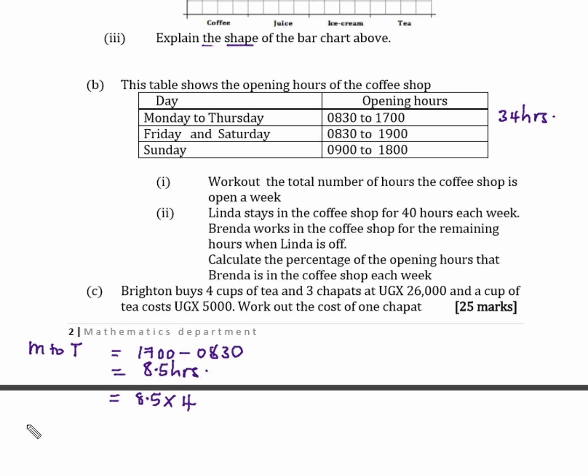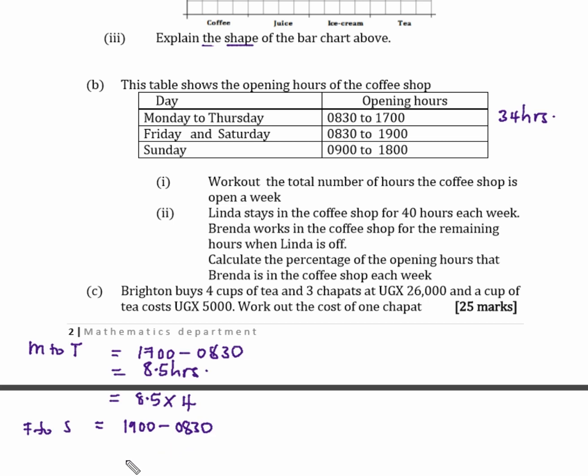Now, Friday to Saturday, it is open at 8:30 and it closes at 1900 hours. Therefore, we shall say that is 1900 hours minus 8:30 hours.